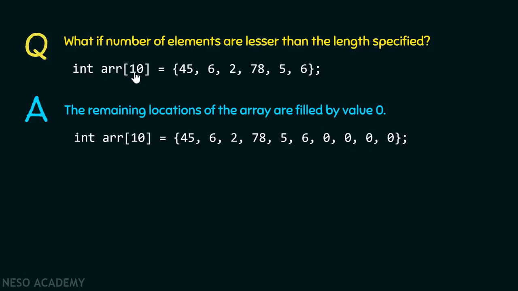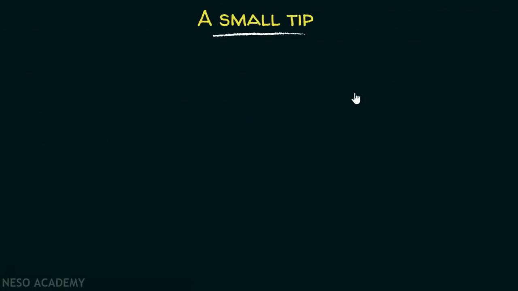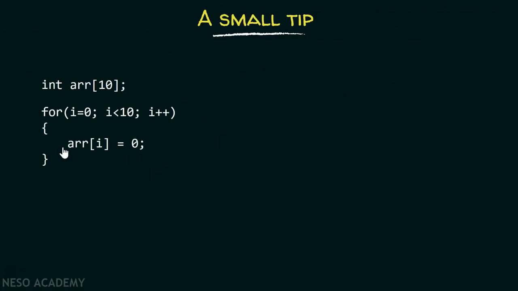So if length is greater than the elements you have entered, then the rest of the locations will automatically be filled by value 0. Okay. Now let me give you a small tip. Instead of writing in this way, you can also write this. Here I am entering value 0 one by one from index 0 to 9.